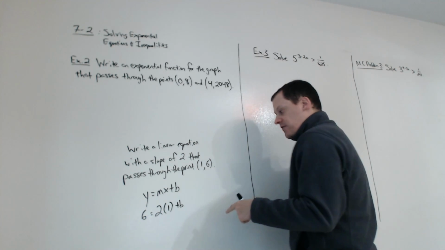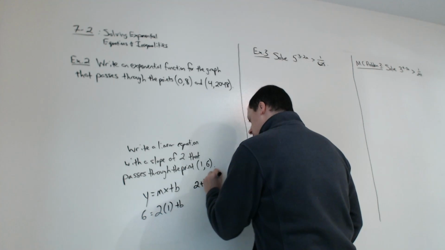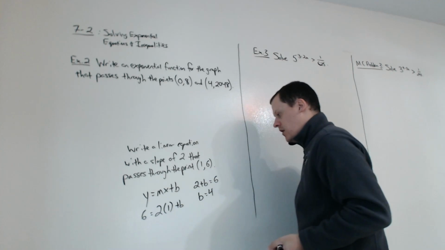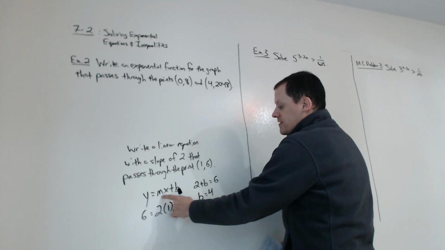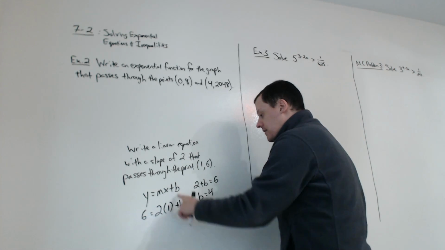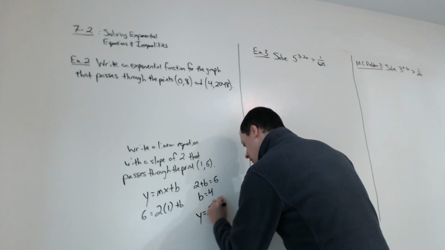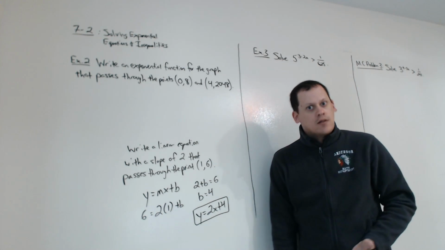You can use this to find b. So 2 + b = 6, b = 4. Okay. So now that you know what all the letters are equal to, well, at least m and b, those are the only ones you really need. m is 2, b is 4. So that's the equation of the line.